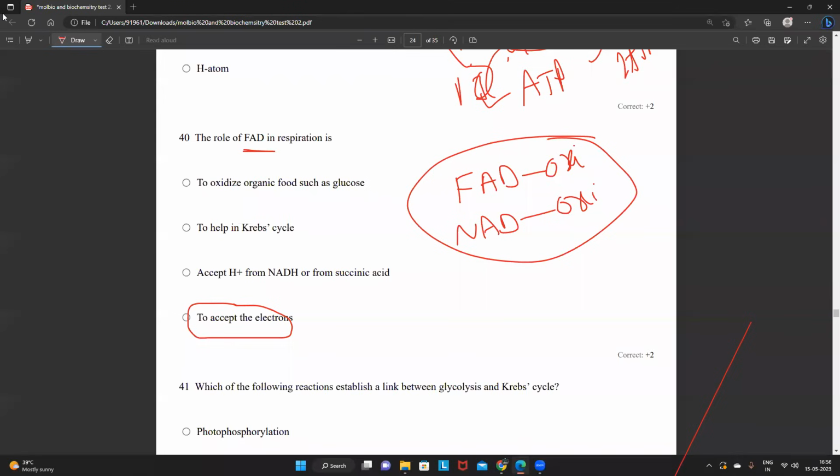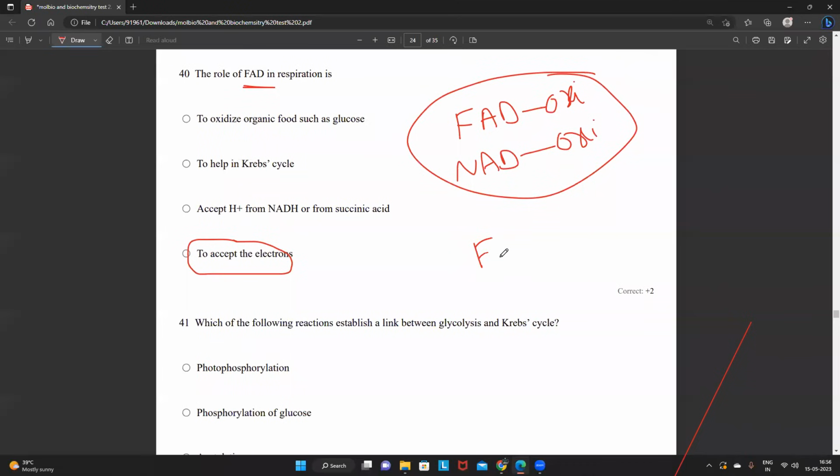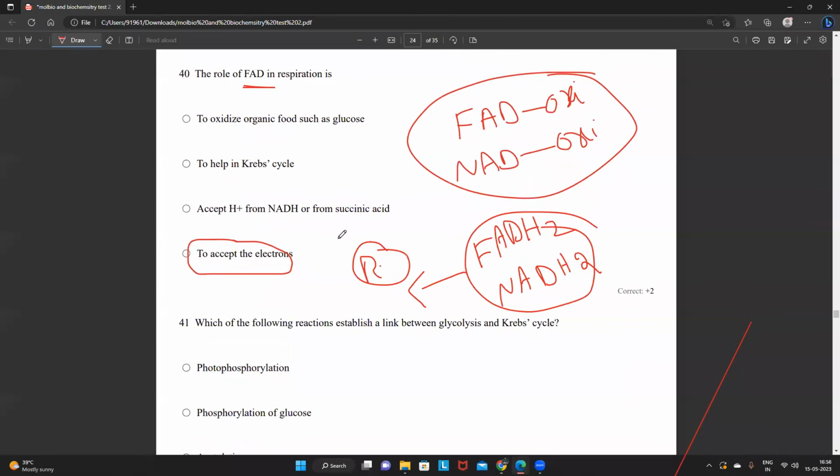They never act like electron acceptors or electron carriers. So now remember, FADH2 and NADH2 are both reducing forms. Whichever is in the reducing form can act as an electron acceptor and electron carrier. You have to remember that point.